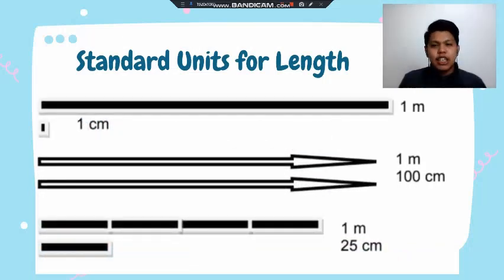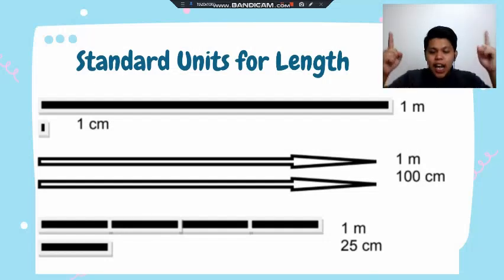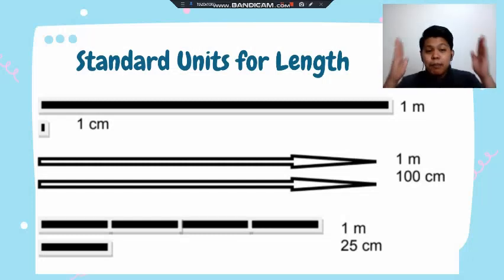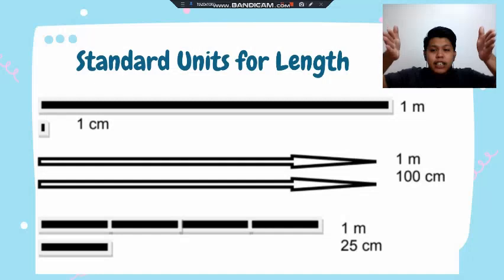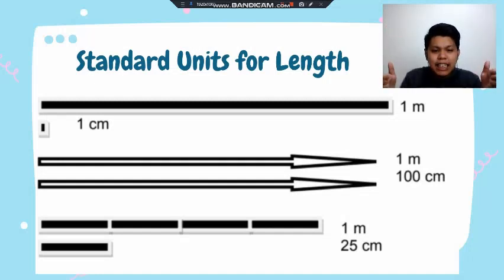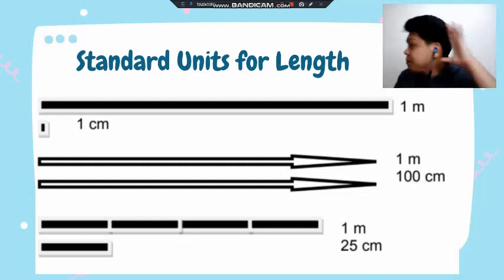Okay, so look at this one. 1 meter is like this. For example only, if 1 meter is like this, 1 centimeter is just small. So that they will have the same size, you will have to use 100 centimeters. Okay, is that clear? So you cannot use centimeter to meter. It's a different unit. Clear?